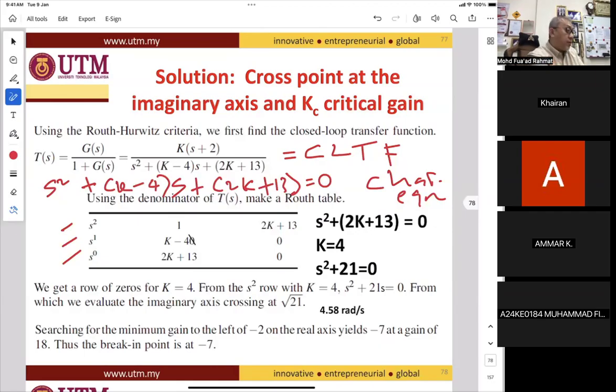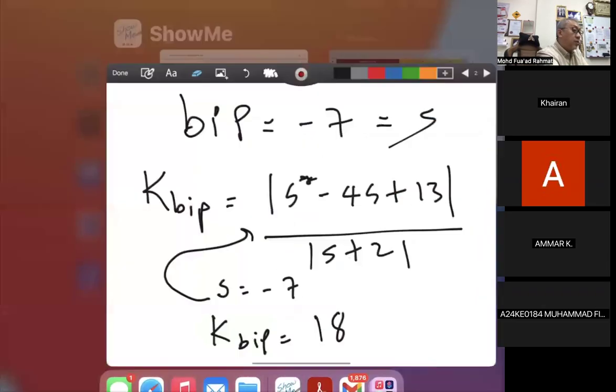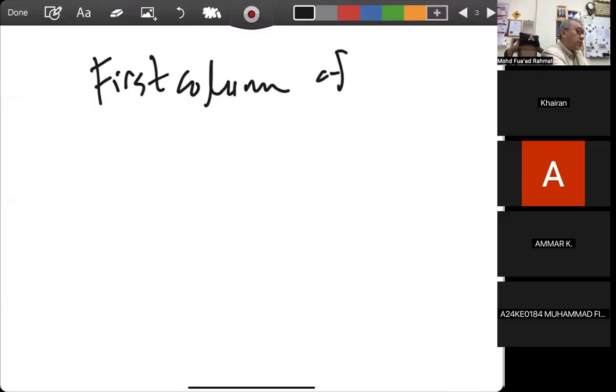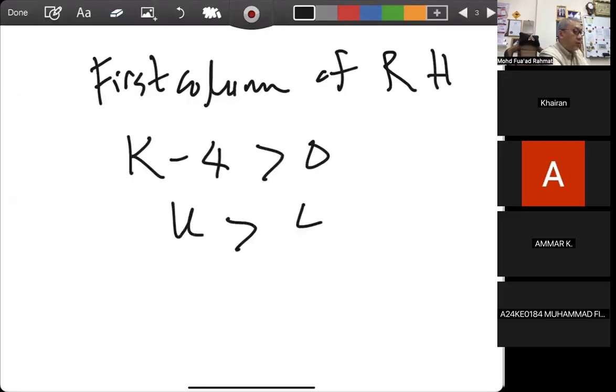So from the first column, we see that K minus 4 must be greater than 0. First column of Routh-Hurwitz, K minus 4 greater than 0, K greater than 4.